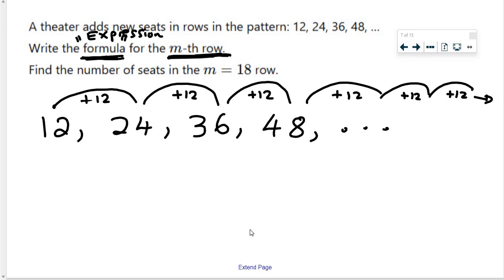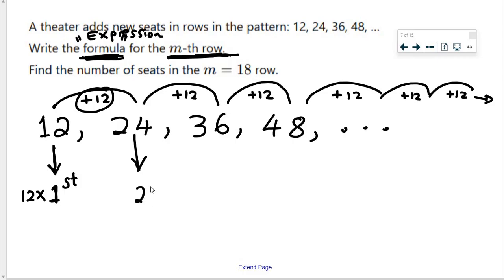Now, how do we get the expression for the mth row? You study from the first term, or the first number. The first term is 12. So that means you take 12 into 1, which is 12.